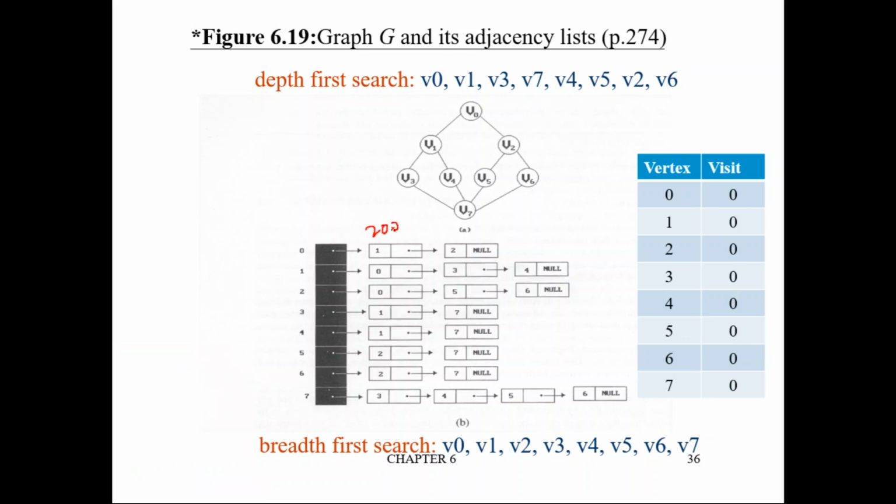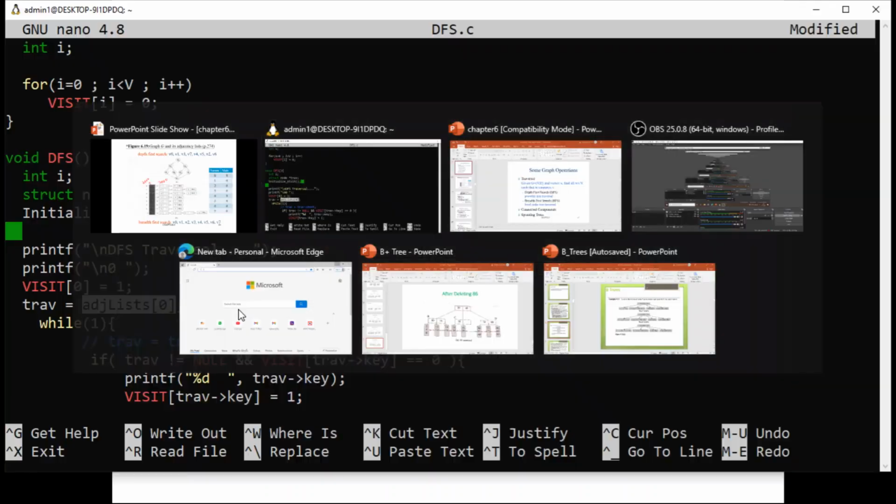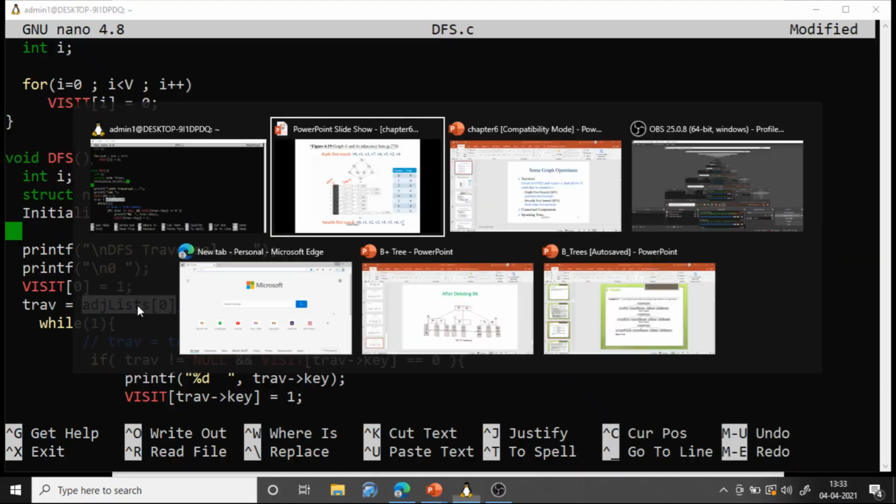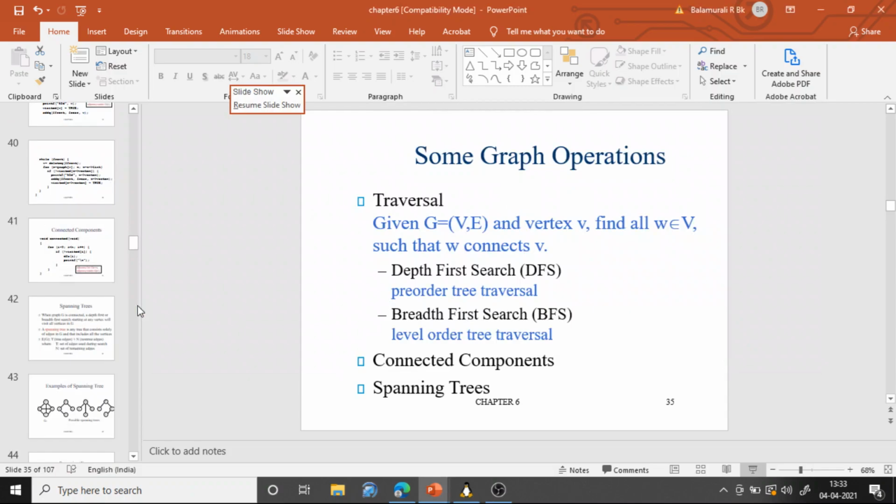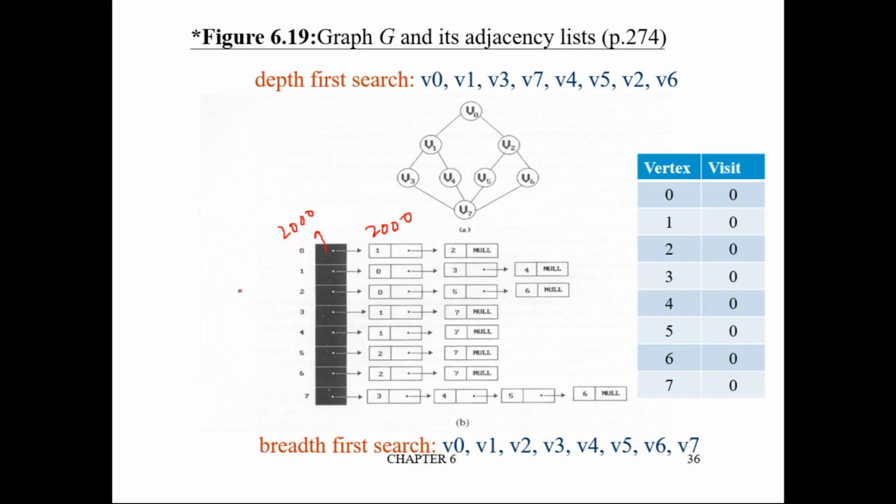When you say traverse equal to adjacency list of 0, traverse also contains 2000, which means traverse is pointing to the location 2000, that is, to this particular node.